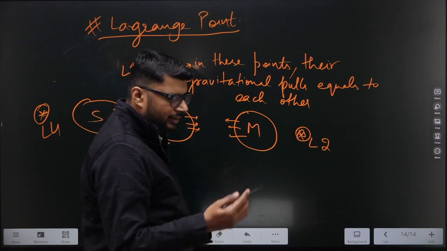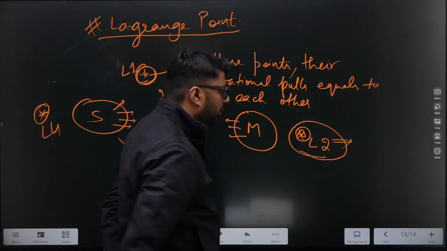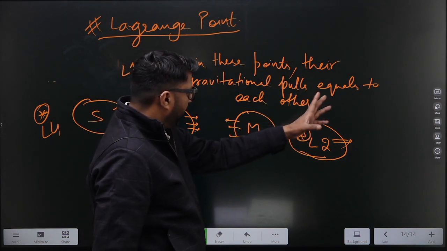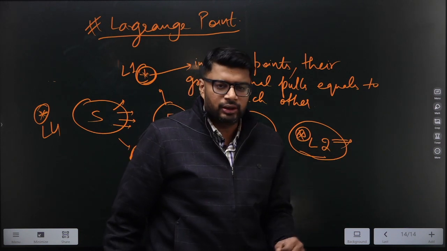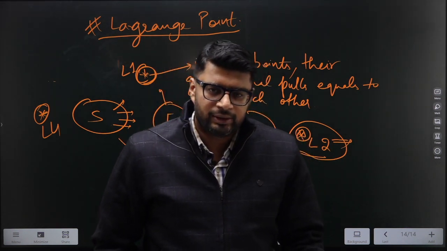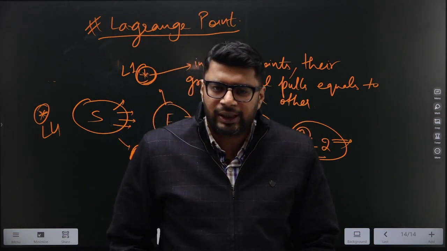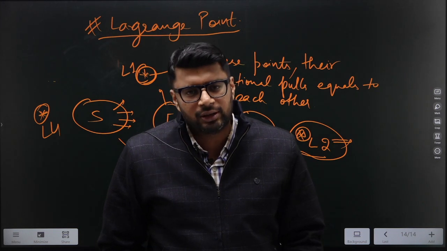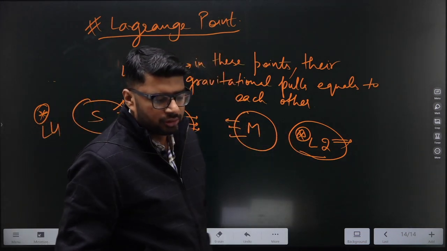Our recently developed James Webb was put here because here the gravitational pulls equalize to each other, and it also helps understand the universe, the Earth and other celestial bodies. So these points are very important. Our Aditya L1, the study of the Sun, is put at L1 by ISRO.